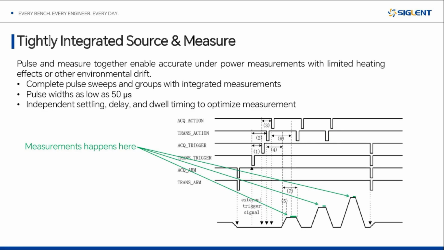Here's a graphic of how those triggers work with an instrument. But regardless of the source measure unit you have, you should have extensive ability to coordinate measurement, source, delay, and measurement activity across a pretty complicated trigger model across a number of instruments. That flexibility gives you other ways to address some of the measurement challenges you might see.